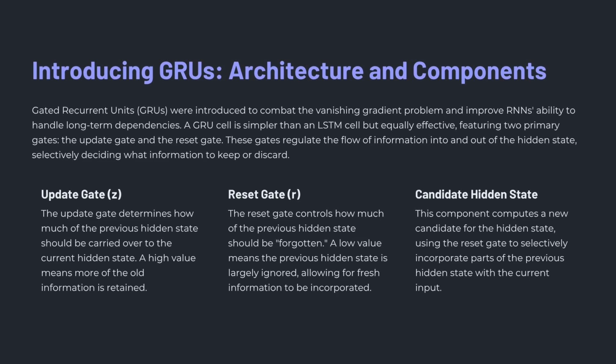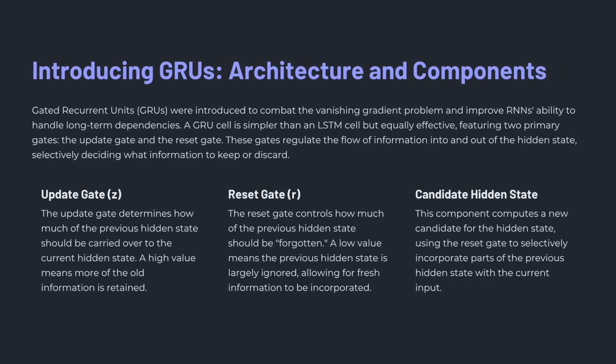So let's talk about the update gate. This gate decides how much of the previous hidden state should be carried forward into the current state. If it's high, more past information is retained. And the second one is the reset gate. This gate decides how much of the past should be forgotten.